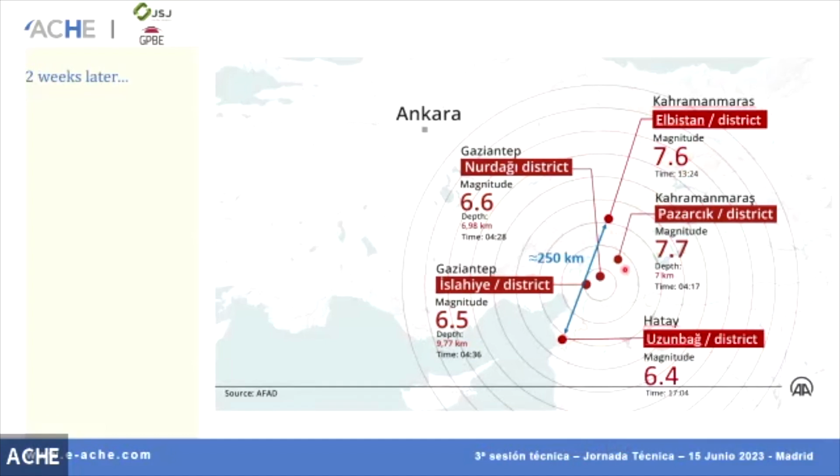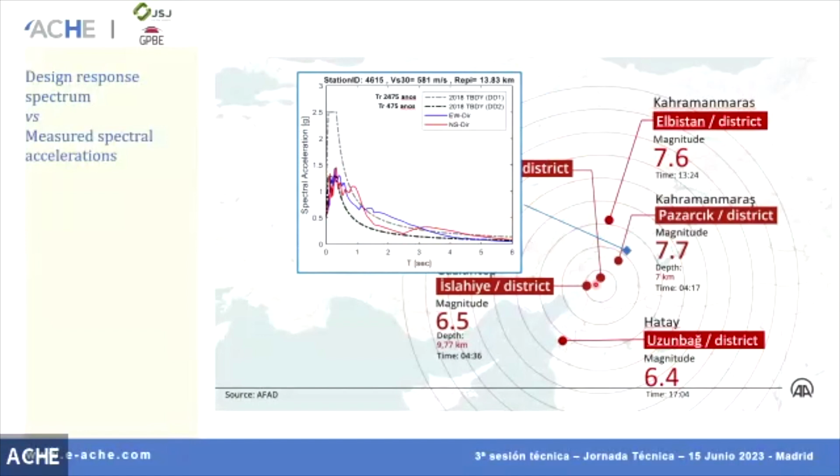And then 250 kilometers south, 2 weeks later, another earthquake of 6.5. Obviously, between these there were thousands of aftershocks, but with lower magnitude. And you can see the comparison here between the design response spectrum for a return period of 475 years, this black line, and this gray line is for 2475, so more or less 2500 years, the return period.